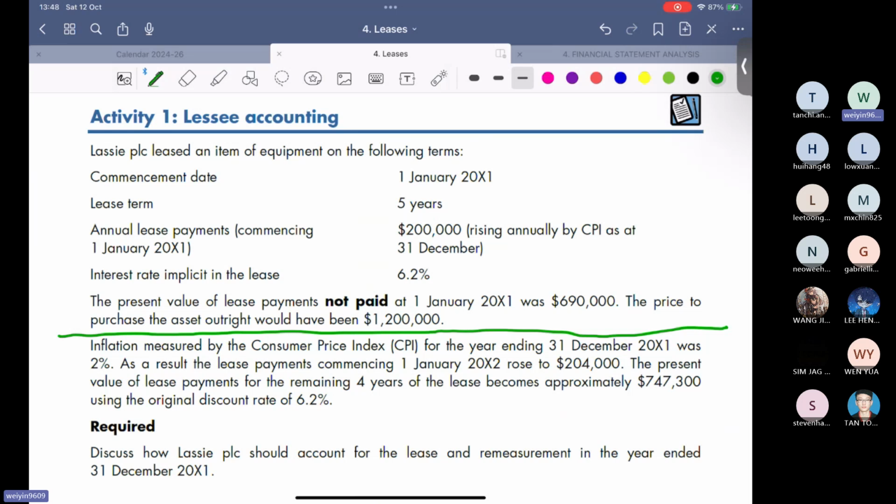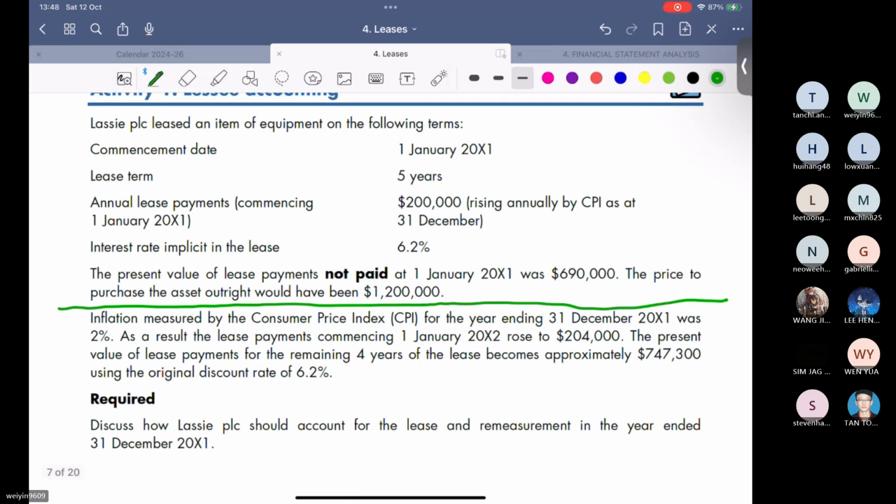So you look at this one. Let's say PLC leases an item of equipment on the following terms. You start out with commencement date 1st January X0. Lease term 5 years.